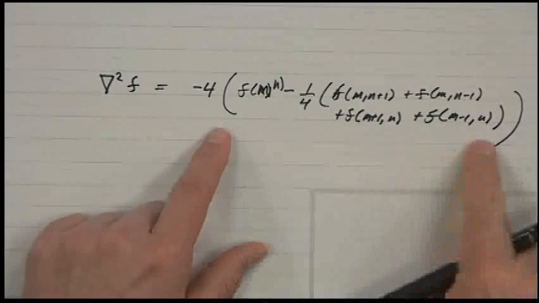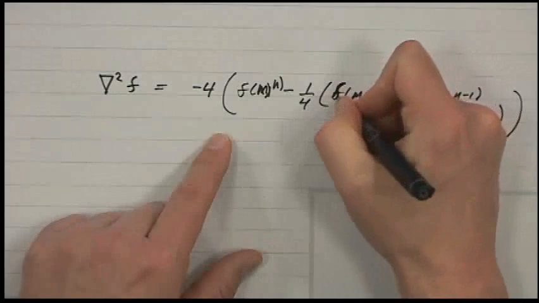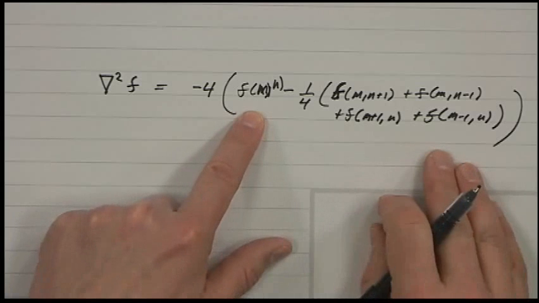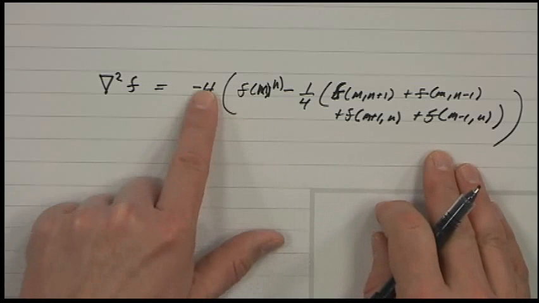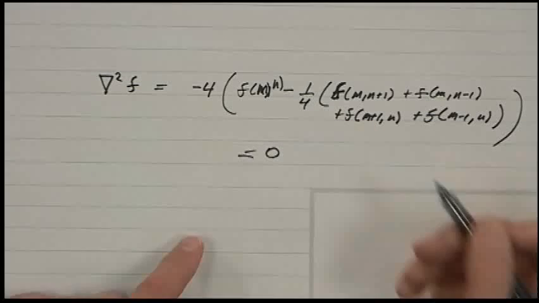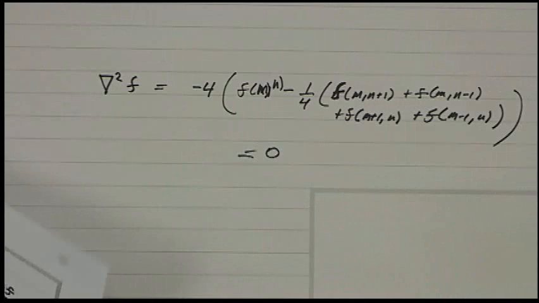So this is the average of its neighbors. So you take the pixel minus the average of its neighbors, and that's proportional to the Laplacian. So this is what you want to be equal to 0. It's pretty simple.